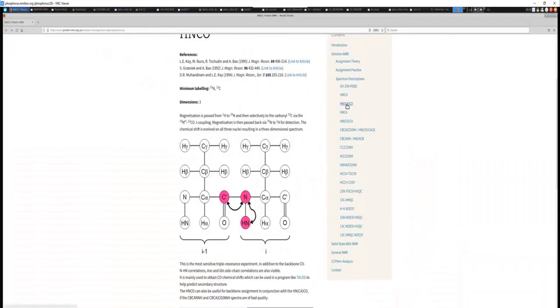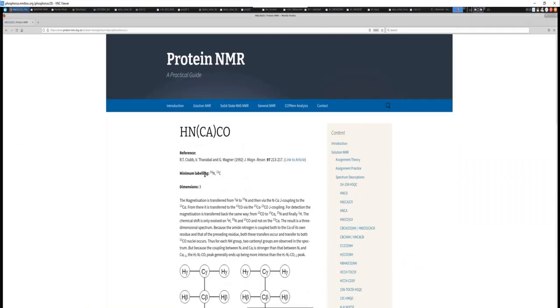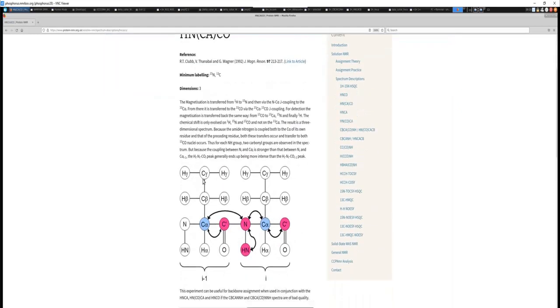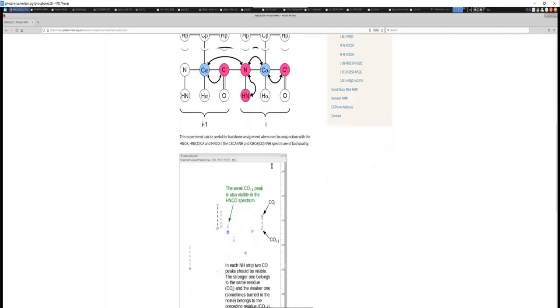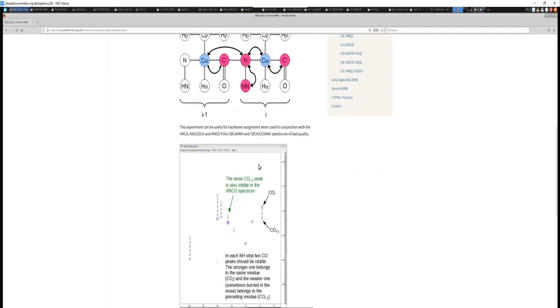And that experiment is known as the HNCACO. So this correlates the amide with the I and I-1 carbonyl. Now, as you might expect by just looking at this, the I carbonyl is going to be stronger than the I-1. So you can see that in this example here.